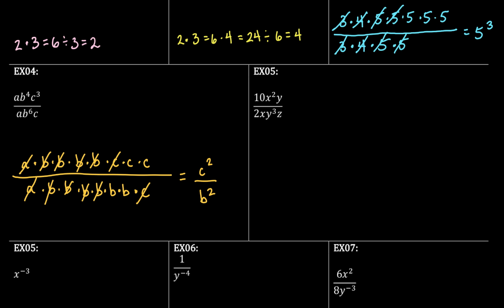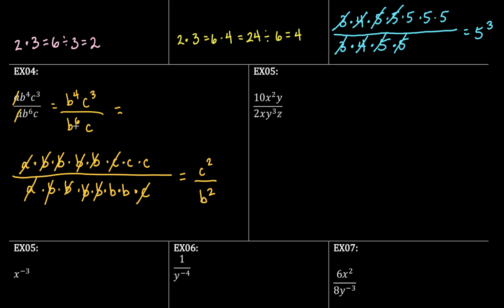Let's see if we can do this a little bit easier, right? So A divided by A is 1. Okay, so now I end up with this craziness, right? B to the 4th, C to the 3rd, over B to the 6th, C. Maybe I should make that 6 a little better. So I have 4 b's on top, 6 b's on bottom.